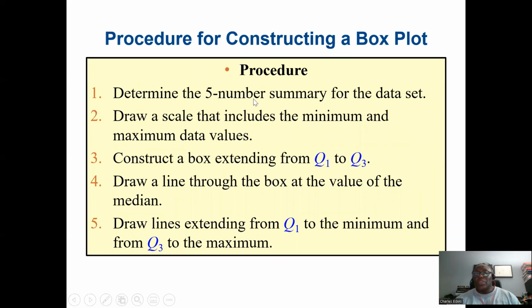Now, to construct the box plot from the 5-number summary for the data set, the first thing we need to do is draw a scale that includes the minimum and the maximum data values. Then we need to find Q1, Q2, and Q3. Then we can construct a box extending from Q1 to Q3. Then we draw a line in the box corresponding to Q2, the median.